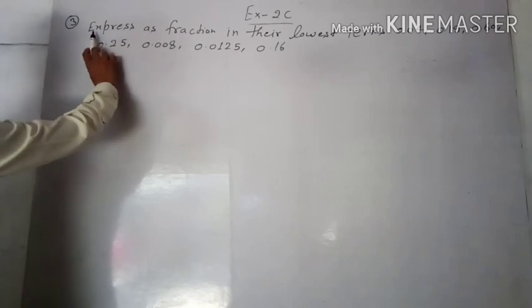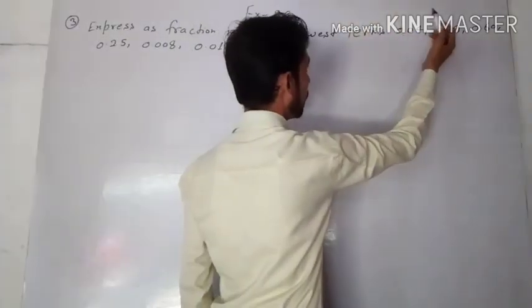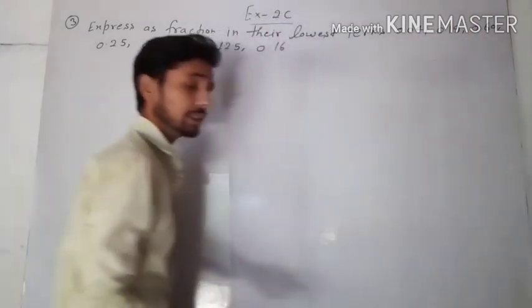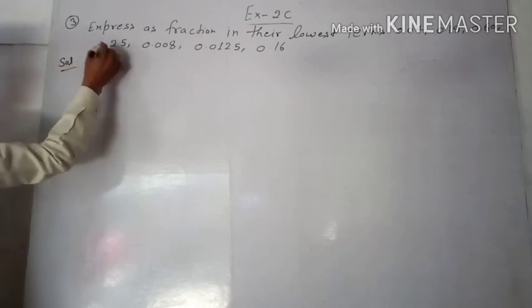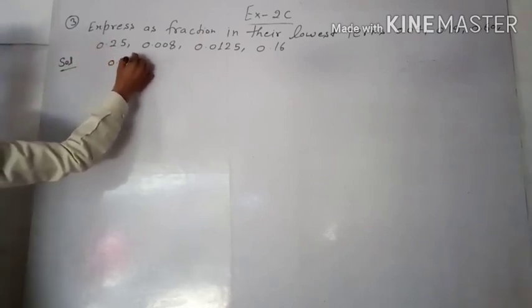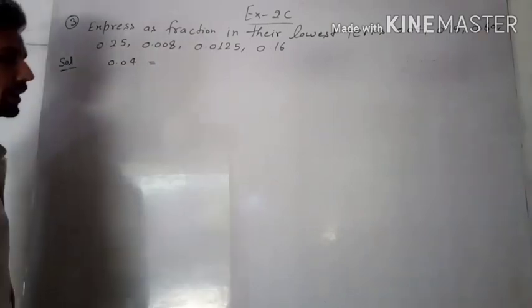Now question number 3. Express as a fraction in lowest terms 0.04, 0.19 and these. So first is 0.04. First we write the decimal number as a fraction.